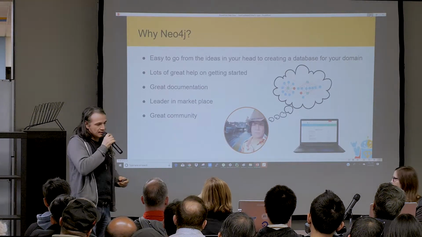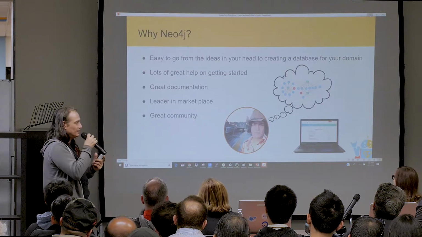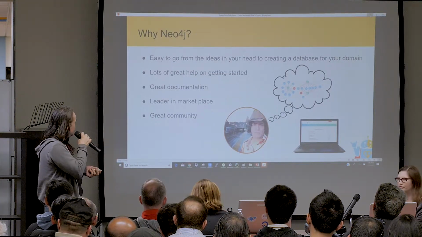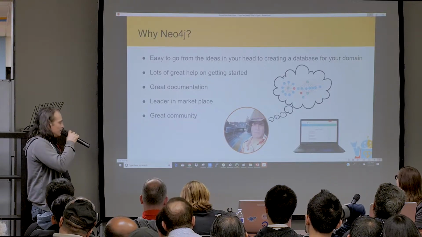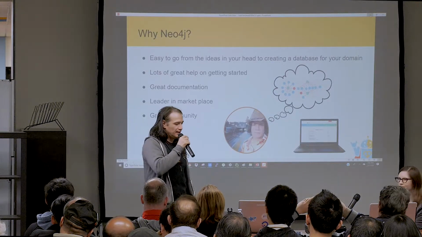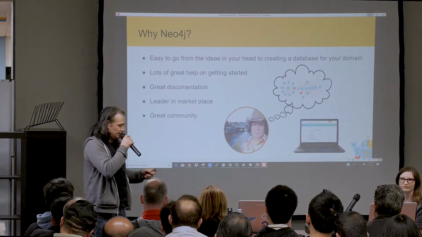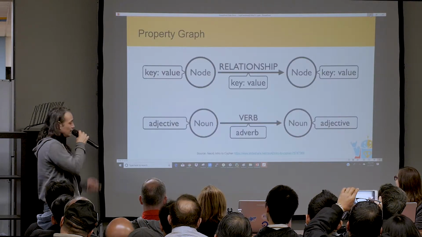The other reason is that you can go from ideas in your head to actually deploying a graph database very easily. There's a lot of help to get started. Neo4j is the leader in the marketplace, and they have an absolutely great community. And so these are all the great reasons why I chose Neo4j.